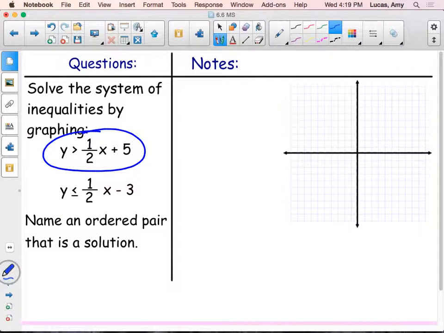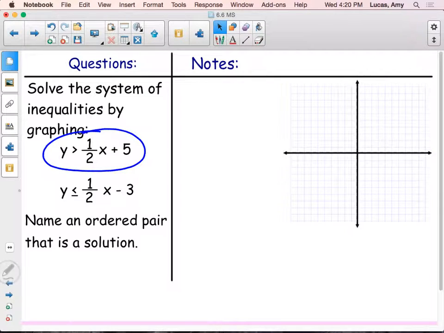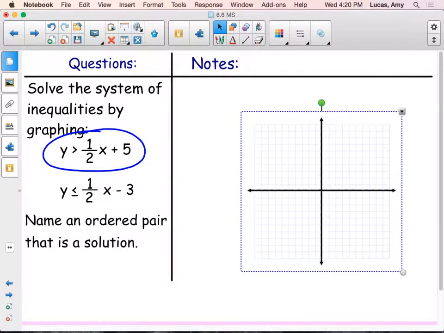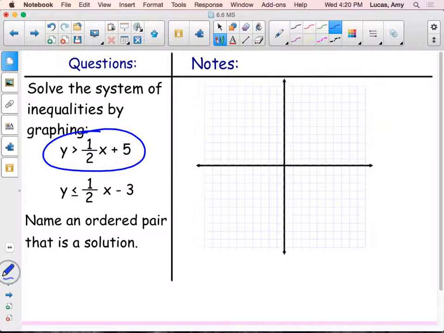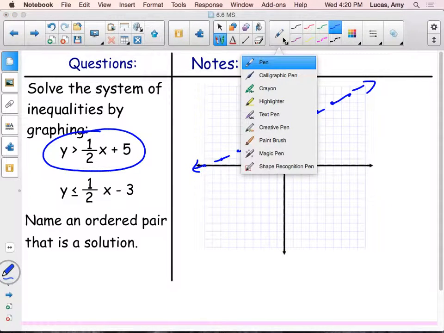My first line starts at +5, and my slope is 1/2. So rise 1, run 2, up 1 over 2. This one would be a dashed line. And it's greater than, so it's shaded above.